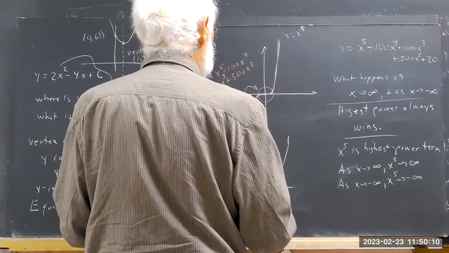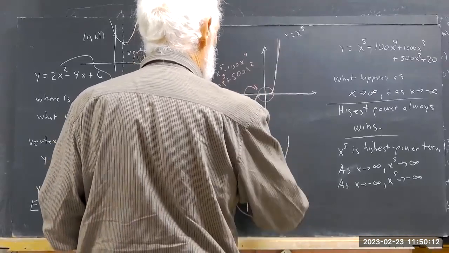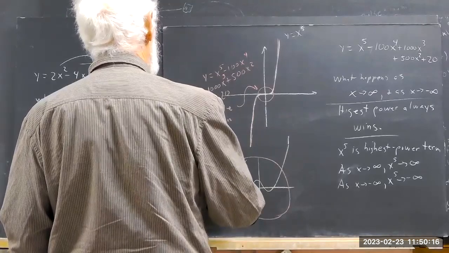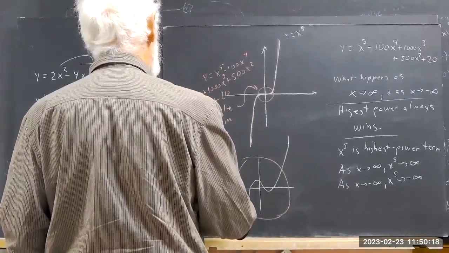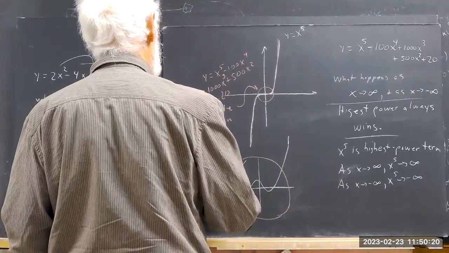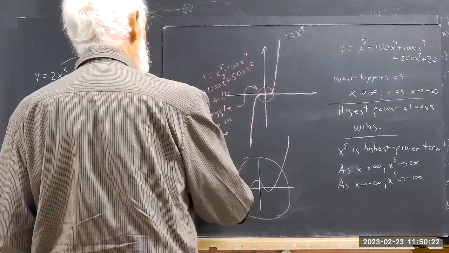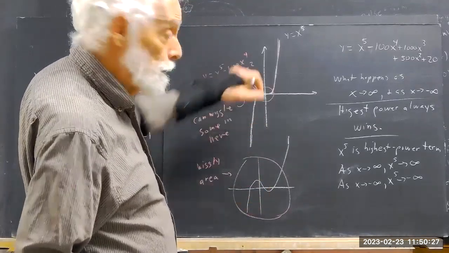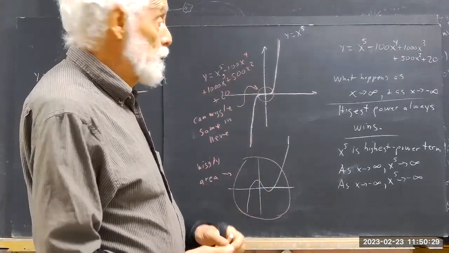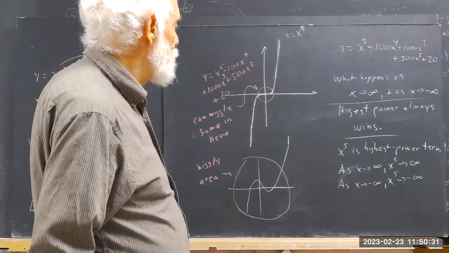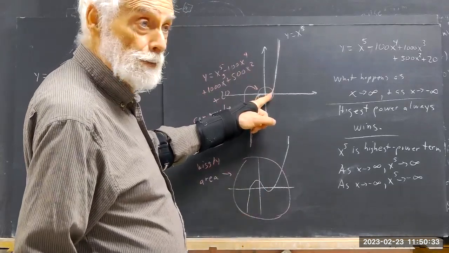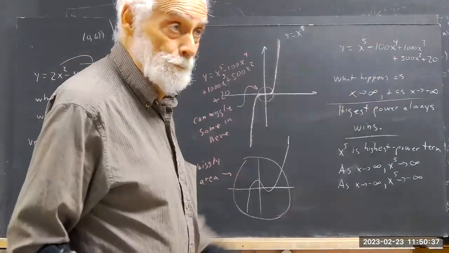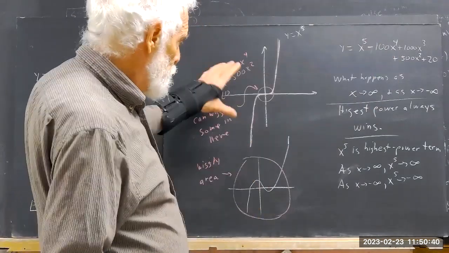So in the wiggly area here, it would look like this. You take a microscope and look in here. Now, of course, your scale, 1,000 might be here on the x-axis, because we've got big numbers in there. Okay, so I just want you to get that perspective.